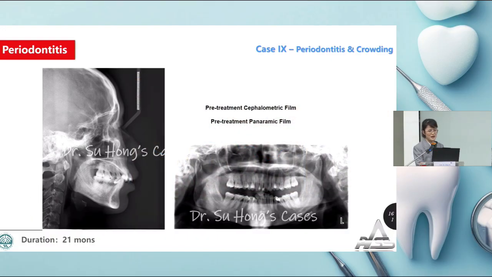The cephalometric radiograph shows a mild skeletal class 2 jaw relationship and a high mandibular plane angle. And the panoramic radiograph shows severe bone loss in multiple areas, especially the anterior area.